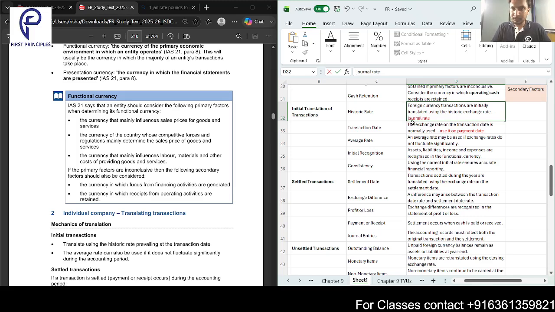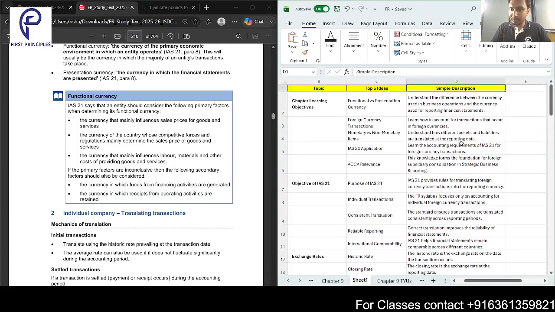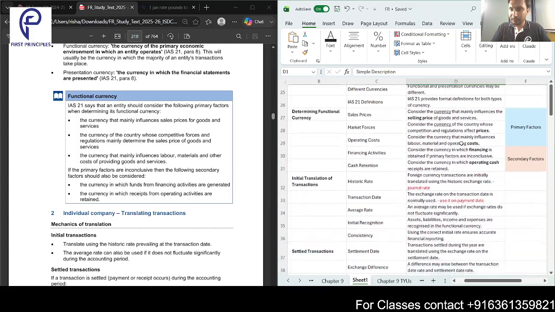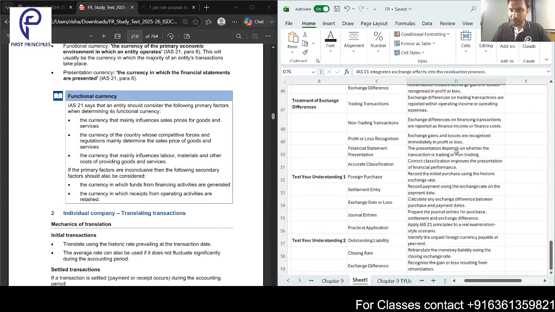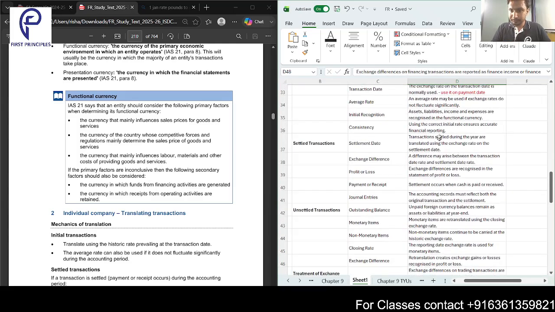If there's not much fluctuation in the exchange rate throughout the year, then you can use it. If there is a lot of fluctuation, then you cannot use the average rate in those situations.